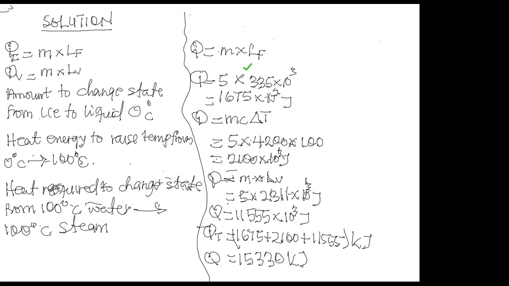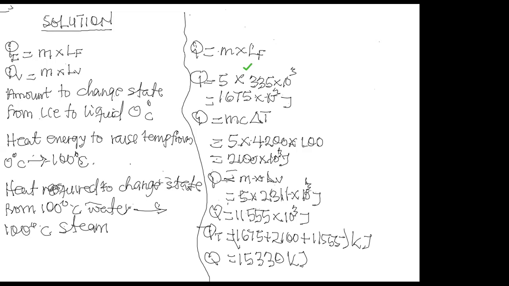Okay, the change is that this time it is the same ice, but ice at -5 degrees Celsius, changed to vapor at 100 degrees Celsius. What will be the total energy?